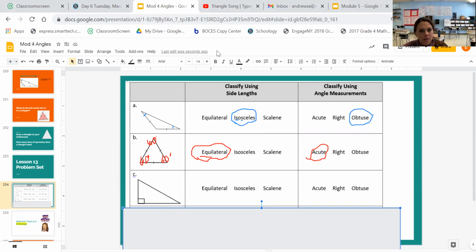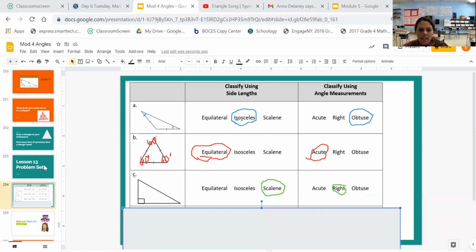Now, I'm going to start over here with the angles because I immediately know this symbol. I know this symbol means it's a right angle. So already I know that. I also know that all 3 of these are different. All the angles are going to be different. So when they're different, we call them scalene. Scalene, okay?